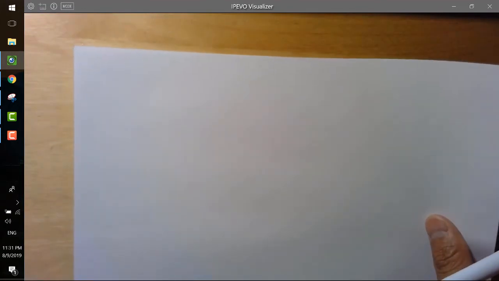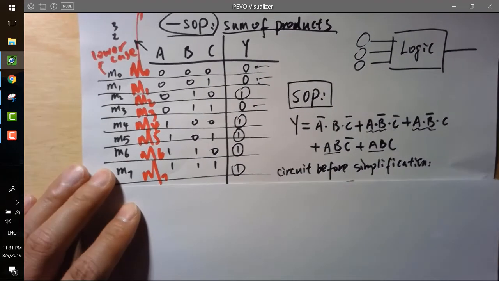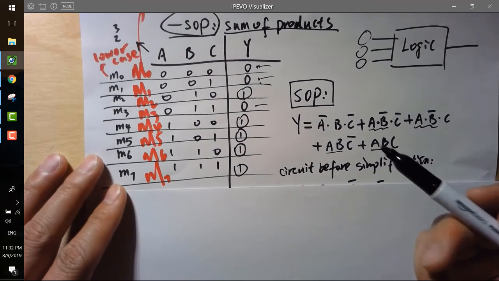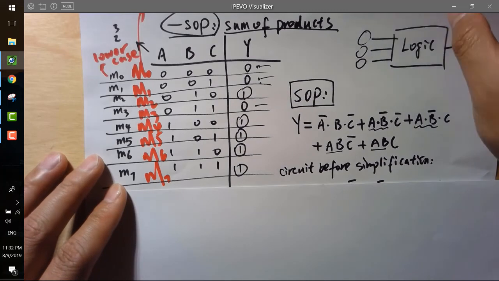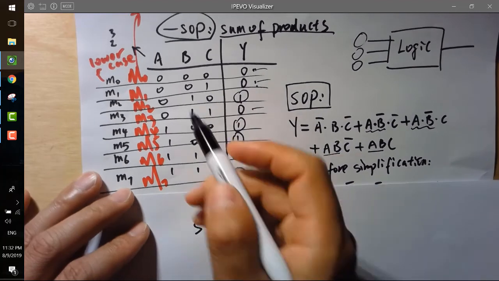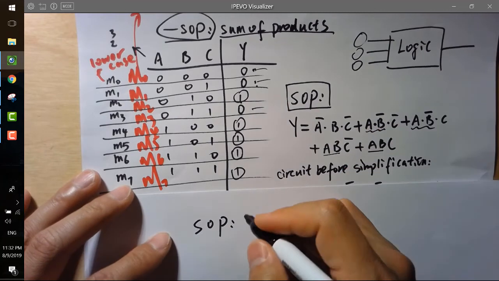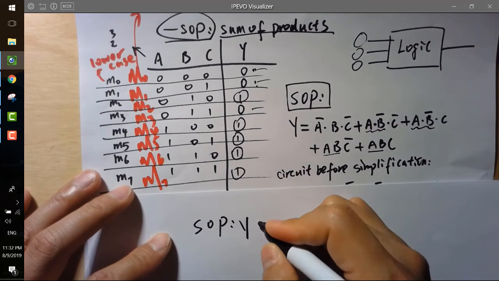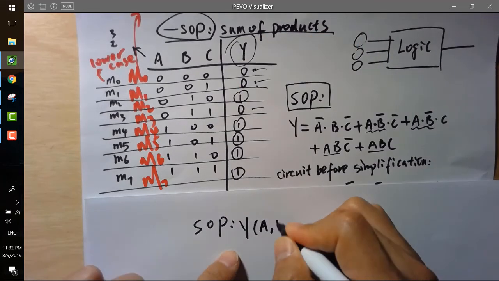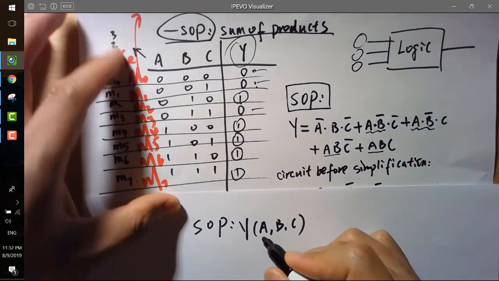So let's come back to the truth table and let me show you how people usually represent SOP and POS, to make it simpler for readers. For SOP, if you get a truth table and people ask you to write an SOP, the final conclusion should look like this. Here's Y, the final result, and you have inputs A, B, C, the variables for this function.